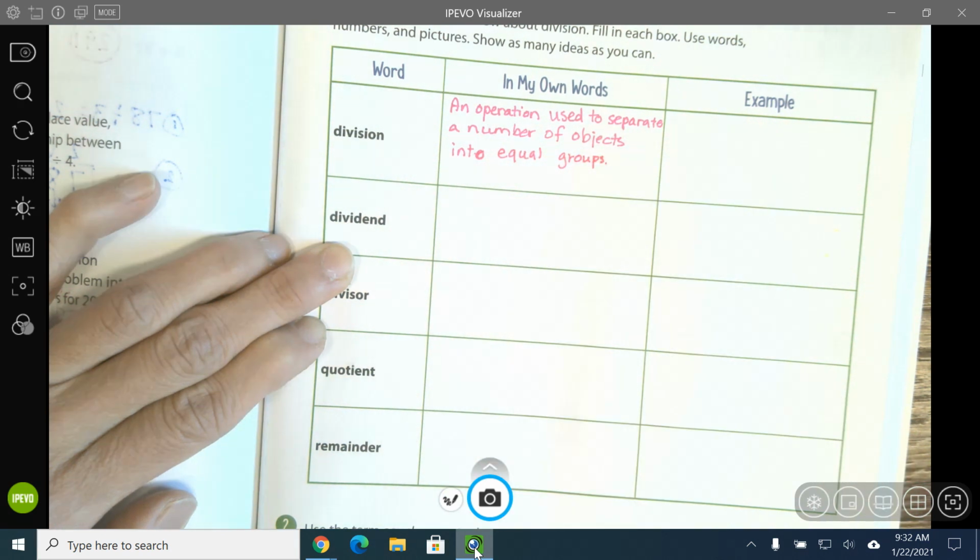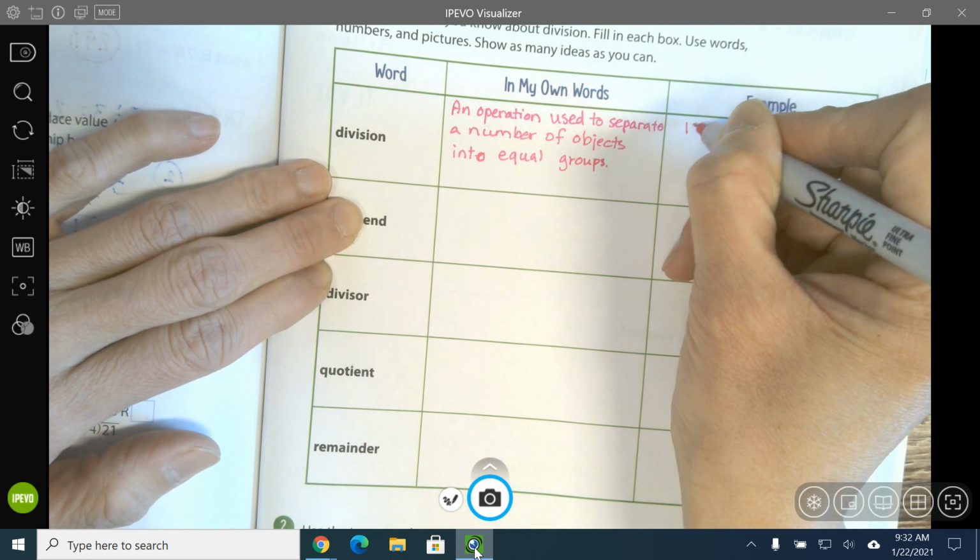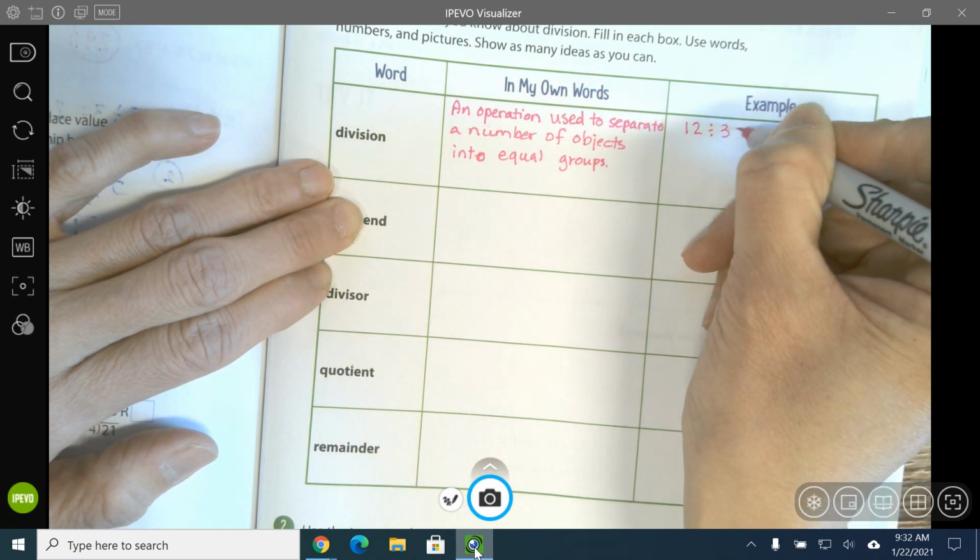That's all there is, right? So for example, 12 divided by 3 equals 4.